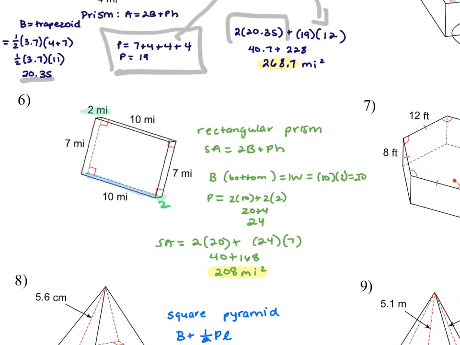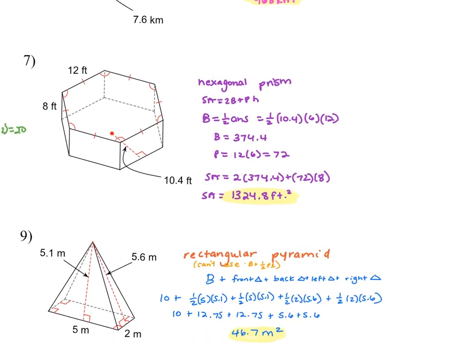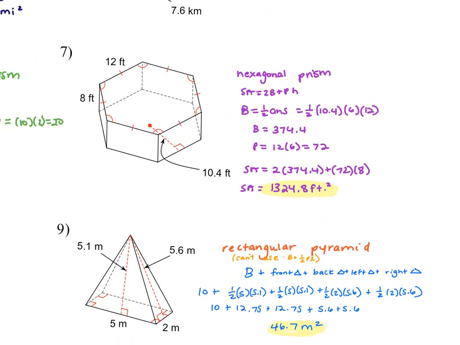Number 7, hexagonal prism. So again, this one we have to find the area of the hexagon, doing the 1/2 ANS. And then here, our apothem was 10.4. A hexagon has 6 sides, and the side length was 12.